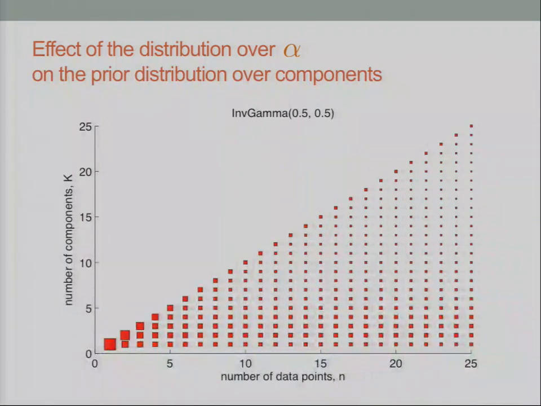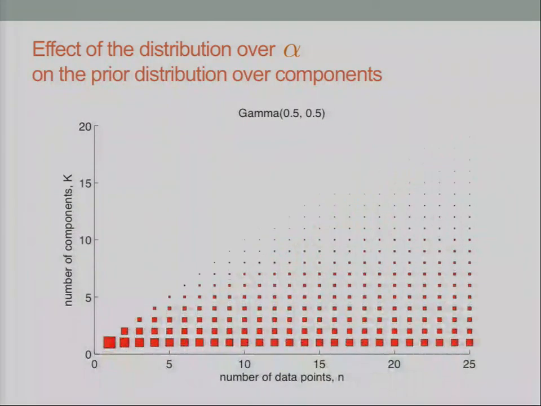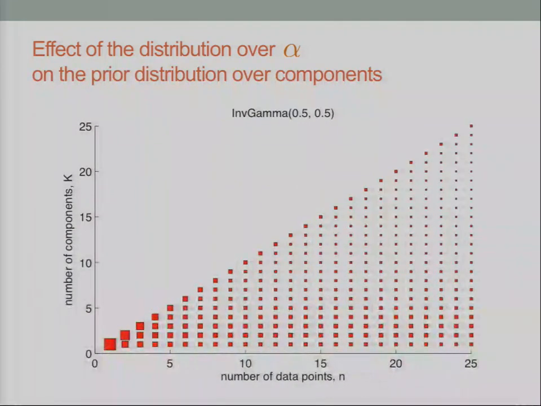And basically, this is the same plot, the number of components k versus the number of data points, and the size of these rectangles show you what the probability of each of those configurations is under this prior over alpha. Okay? So compare this to this. So you see that there is a more uniform distribution among these possible k values here.